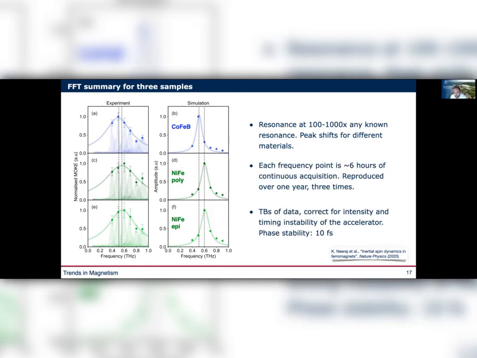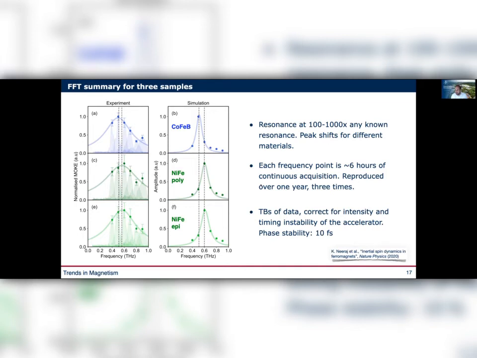And yeah, I just want to comment that this is a very time-consuming experiment. It looks like, okay, why don't we improve the data acquisition and so on, but each point is a 6 hours acquisition, and we did this 3 times over a year, so it was a 6 months shift, to make sure that we're not fooling ourselves.